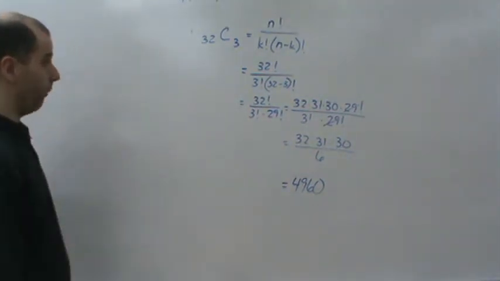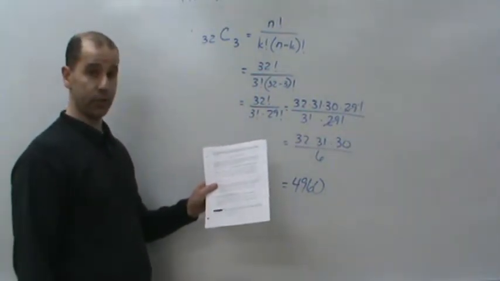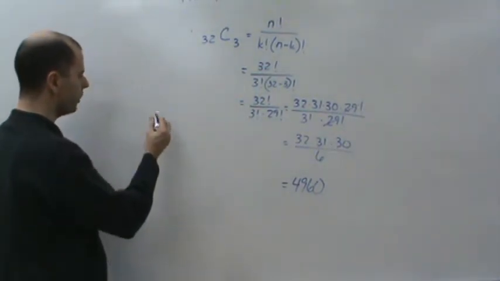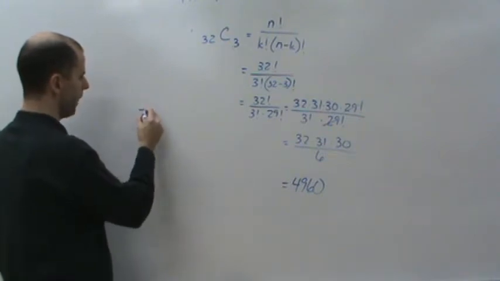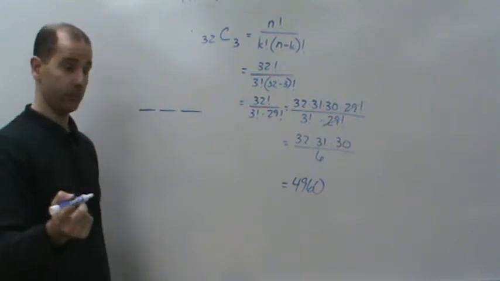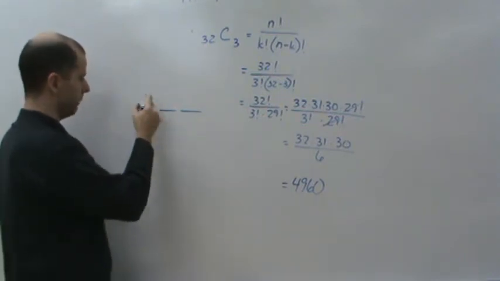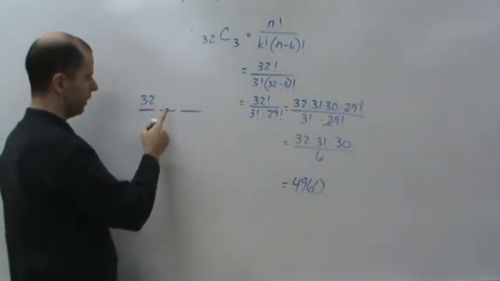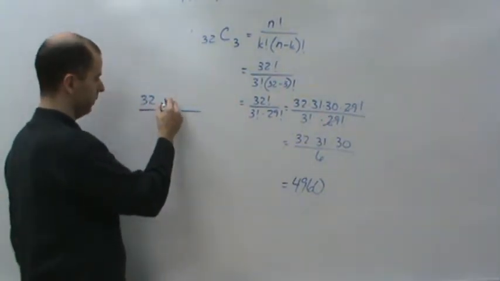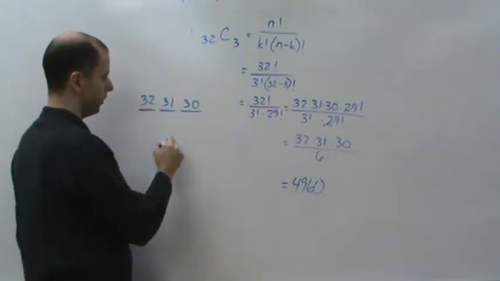Okay? Now, that's using the formula. But think about what we did with permutations, right? What did we do with permutations? Well, to find the permutations, all we did was, well, we chose 3 people, right? How many people do we have to choose from for the first? We have 32. Then, how many people do we have for the second one? 31. And then 30.